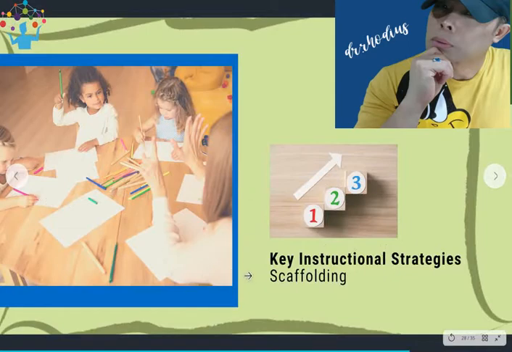So one of the strategies you're going to make use of in the classroom is scaffolding, wherein you create a step-by-step procedure, a clear instruction on how they're supposed to achieve a specific goal. So that's basically scaffolding.